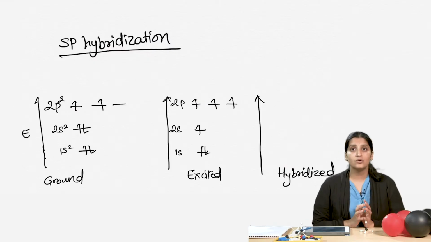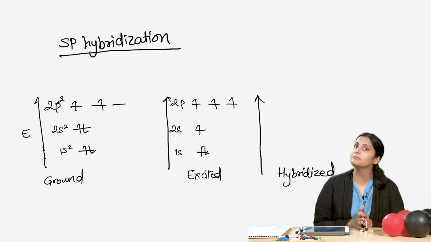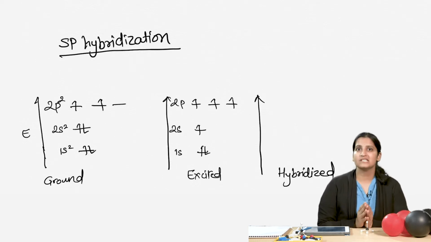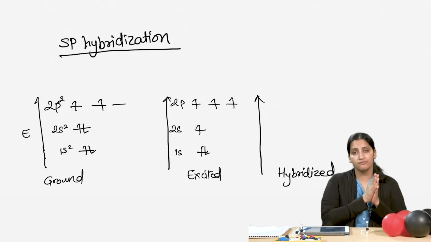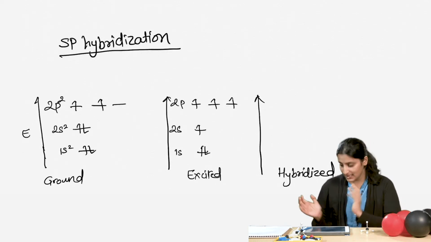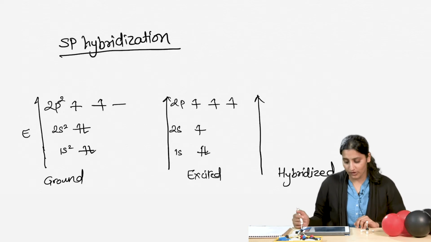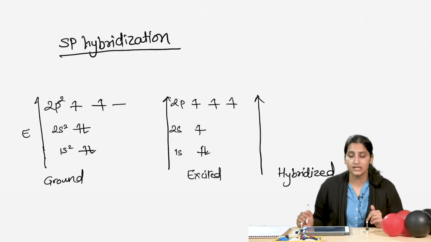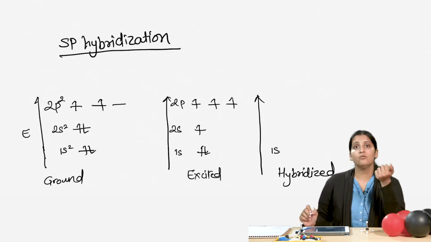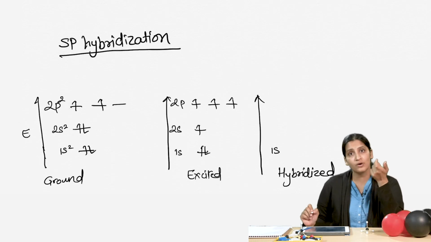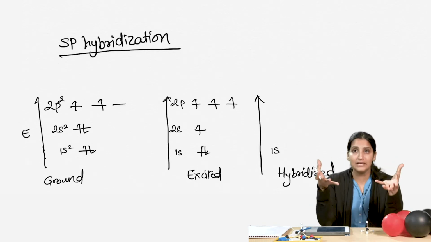Okay, so now let us go over sp hybridization, in which typically you will see carbon forming a triple bond. So, in the case of sp hybridization, again we have to go through the same exercise of ground state to excited state and to hybridized state. So, I have already written the ground and the excited state configurations, and in the hybridized state, as you can see, I can now combine one of the s orbitals and one of the p orbitals, because it is sp, right.